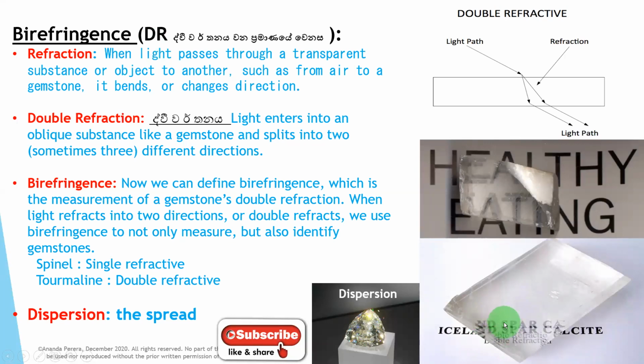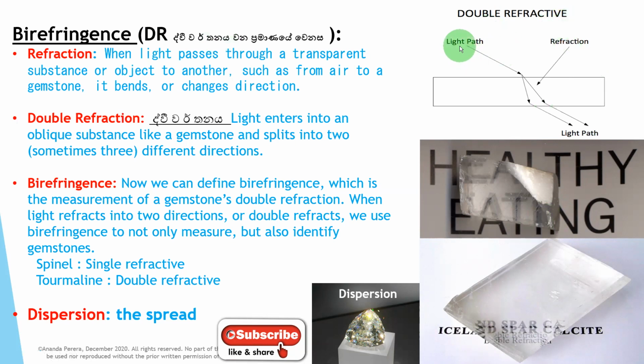It is doubling because of the double refraction of the stone, this stone. It is a calcite stone. Look here also. The calcite stone is here. Before the text here, you can see the doubling. The text is doubling. This is the reason. Now you can understand this.